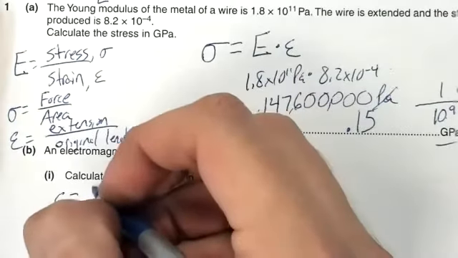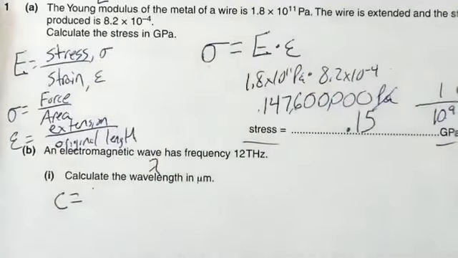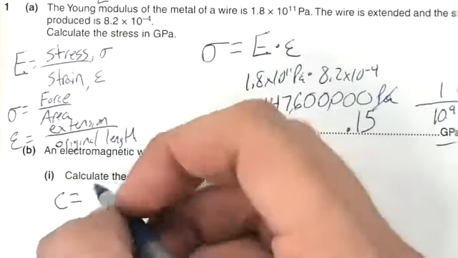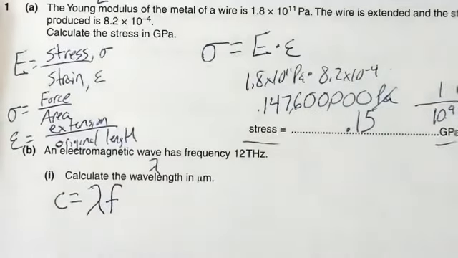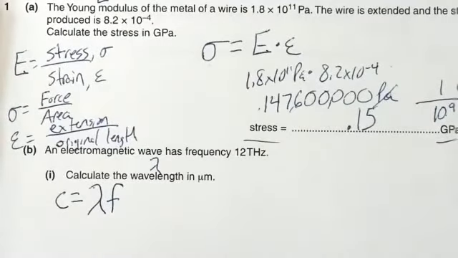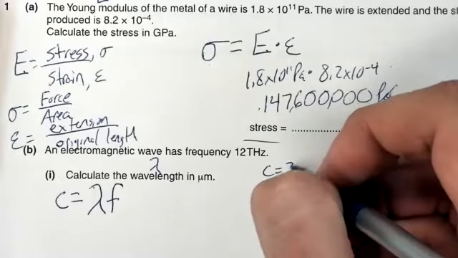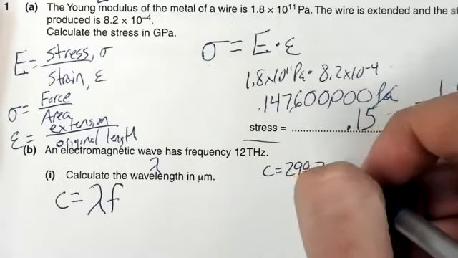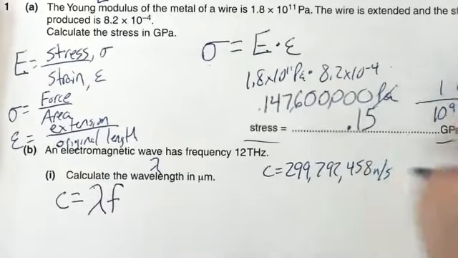The equation for the speed of light is that it's equal to wavelength. We use the Greek letter lambda for wavelength. Kind of looks like that symbol. And the speed of light is equal to wavelength times frequency. The speed of light is 299,792,458 meters per second.